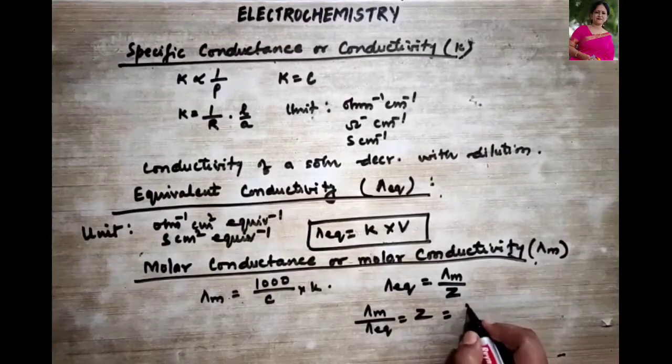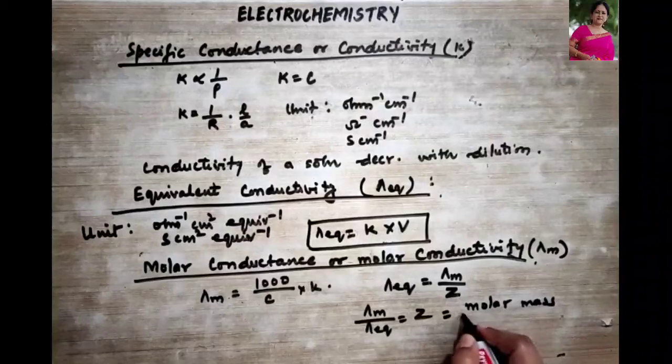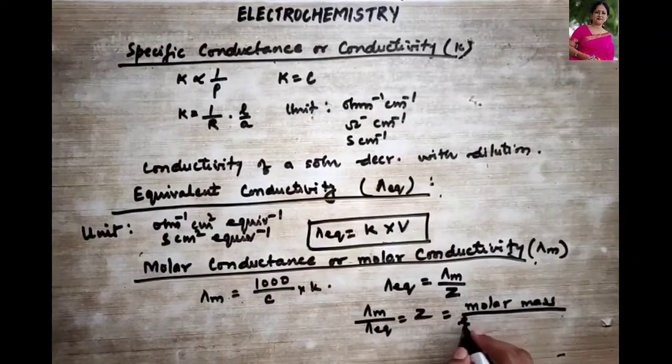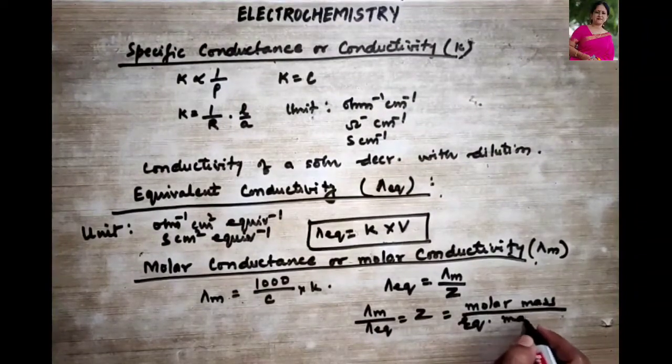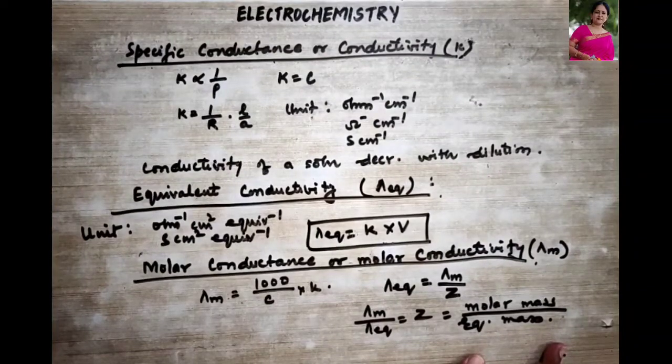So this will be equal to molar mass upon equivalent mass. So this is the formula that we obtain: the ratio of the molar conductance to equivalent conductance is equal to molar mass upon equivalent mass. Right?